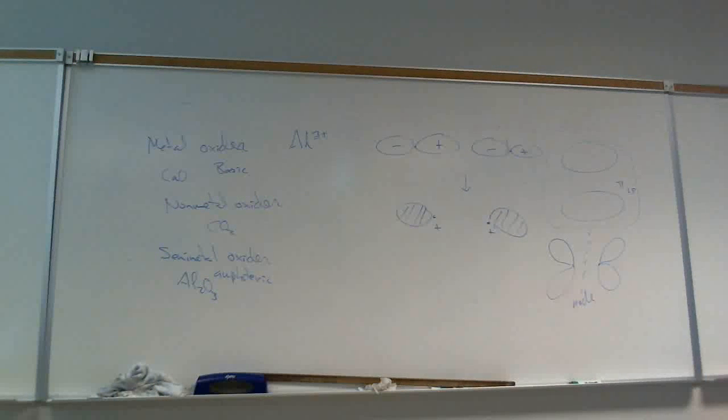When we're thinking about ionic bonds, we don't necessarily talk about electron rich and electron poor. We usually talk about, remember Coulomb's law in the beginning? We talk about the charge on the ions.